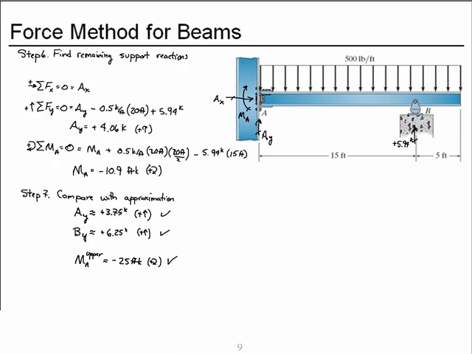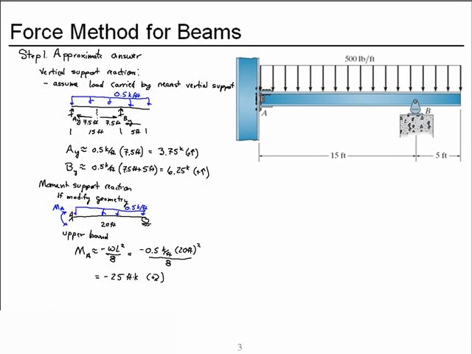Now let's go back and review the process we followed. We started by approximating the answer. We made one assumption in order to estimate the vertical support reactions, and in that case we said that the downward force would go to the nearest vertical support.